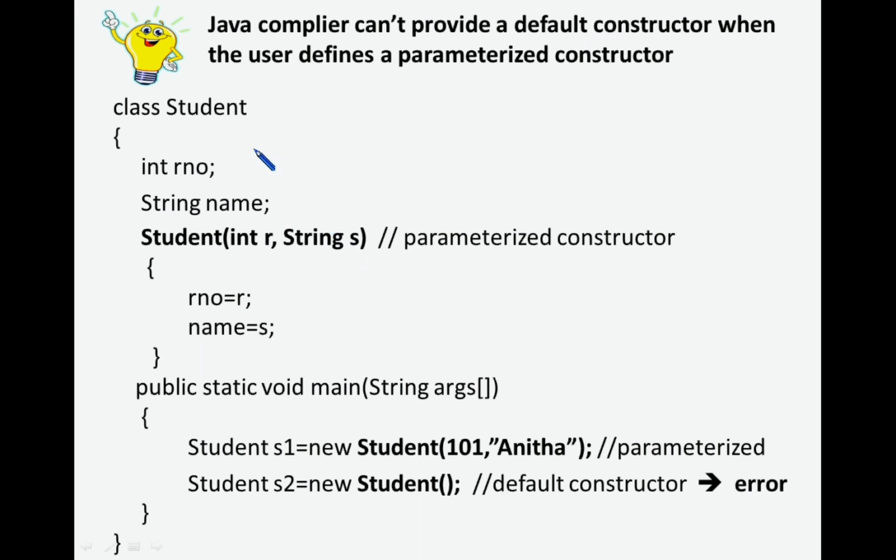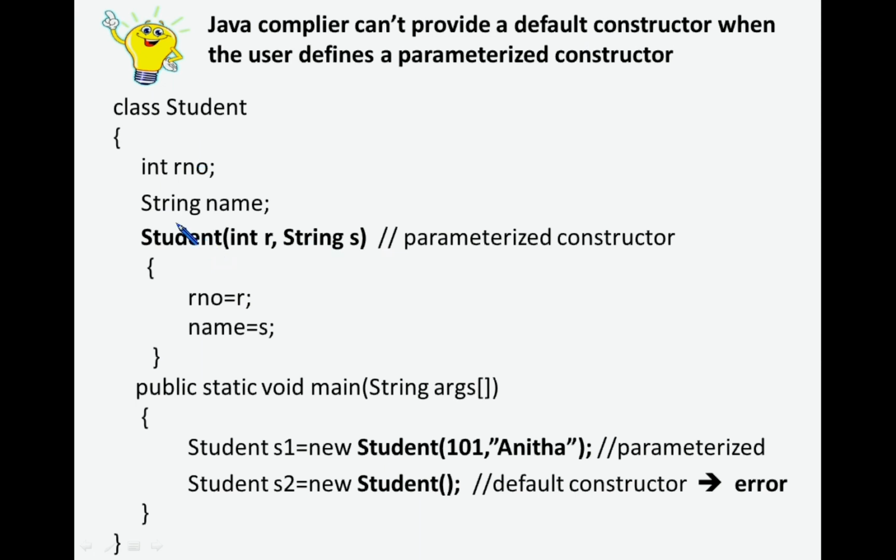So see this program. Class student, which consists of two variables. One is roll number and another one is name. Here a parameterized constructor. How is it a parameterized constructor? We are passing some parameters. That is why it is a parameterized constructor.